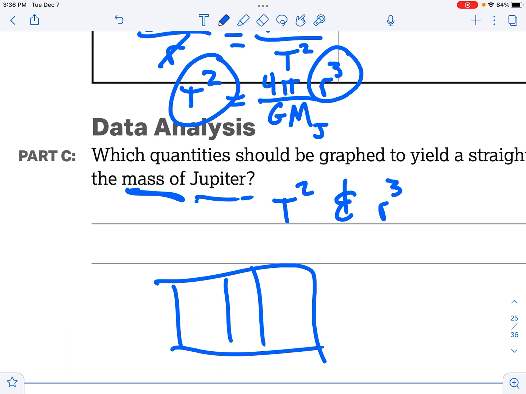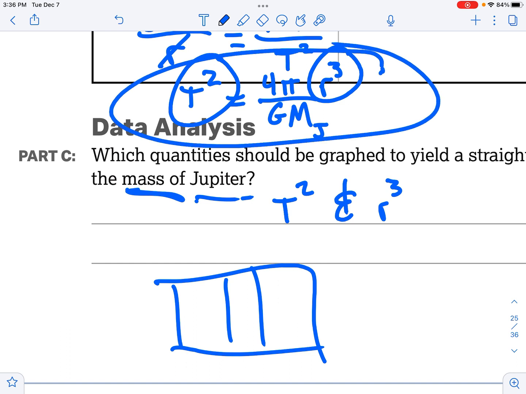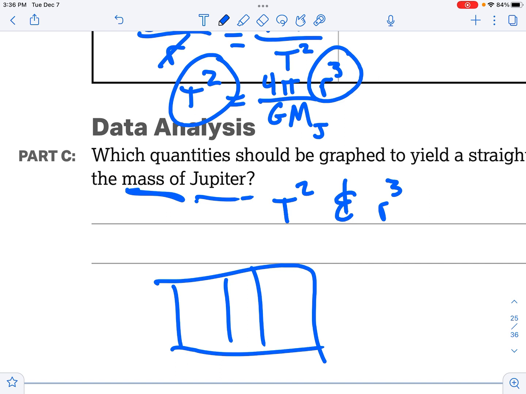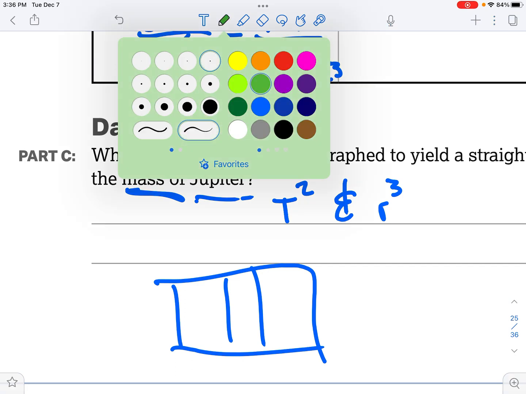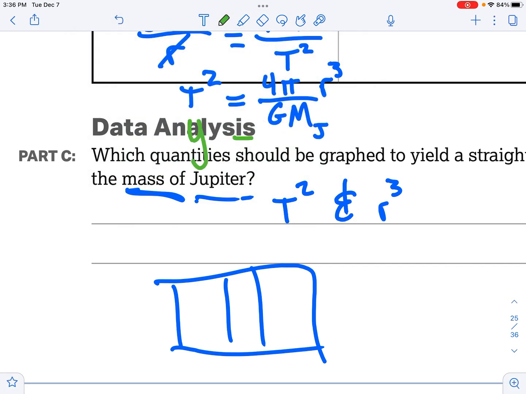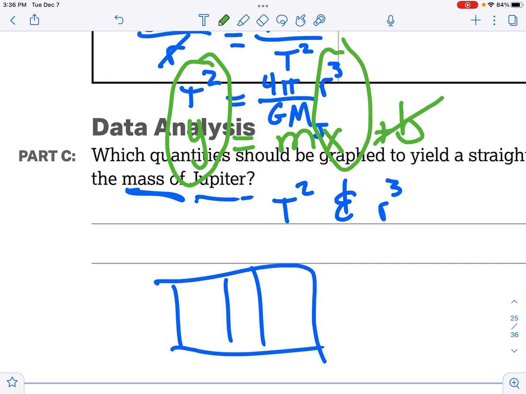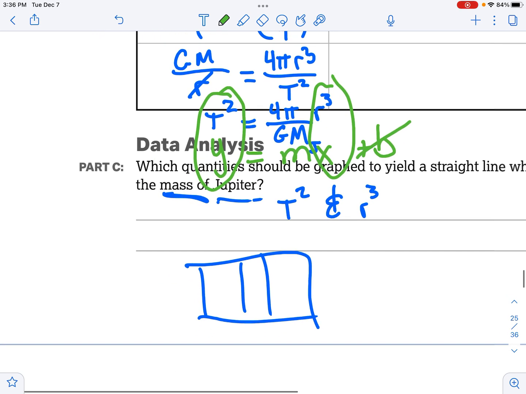And I like to have it set up in this kind of format right here because that allows me to set it up kind of with a y equals mx plus b situation. And I've got no plus b right here. So I would say that T squared is on my y-axis. R cubed is going to be on my x-axis.